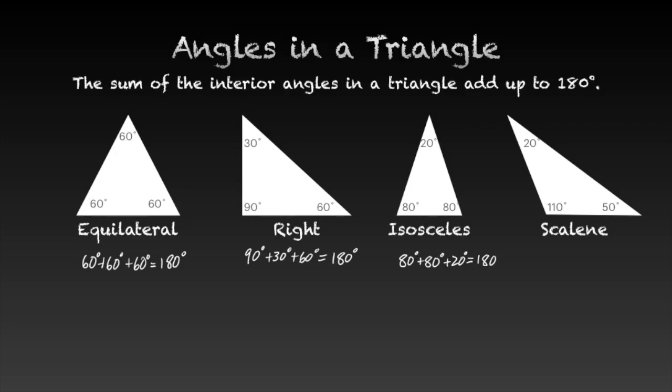And lastly, you're going to have 110 degrees plus 50 degrees, that's going to be 160 plus 20 degrees, that's going to give you 180 degrees. So again, when you add all of them, you should always be getting 180 degrees. Make sure that you have all the work and also you have all the drawings.